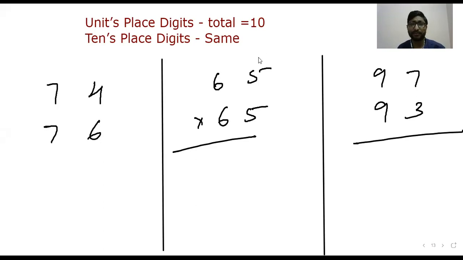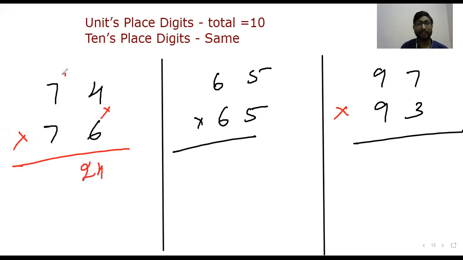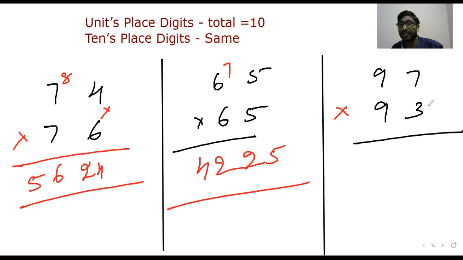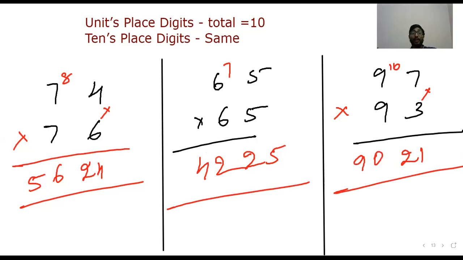See, look here now. Multiplication is very simple. 4 6s are 24. 7 8s are 56. Hardly 2 seconds. 5 5s are 25. 6 7s are 42. Hardly 2 seconds. 7 3s are 21. 9 10s are 90. Hardly 2 seconds. The only thing is you have to understand the logic.